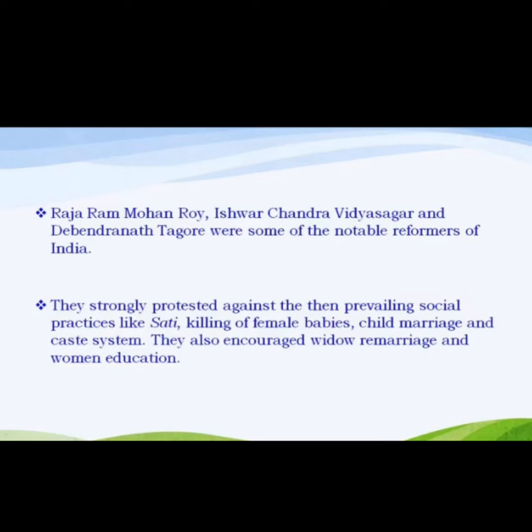They strongly protested against the then prevailing social practices like sati, which was a custom of a widow burning herself on the funeral pyre of her husband, killing of female babies, child marriage, and caste system. They also encouraged widow remarriage and women's education.